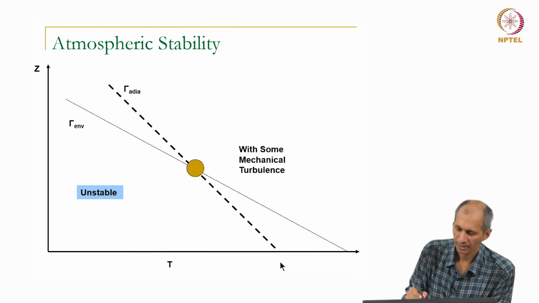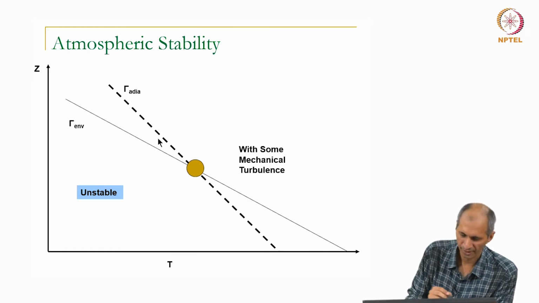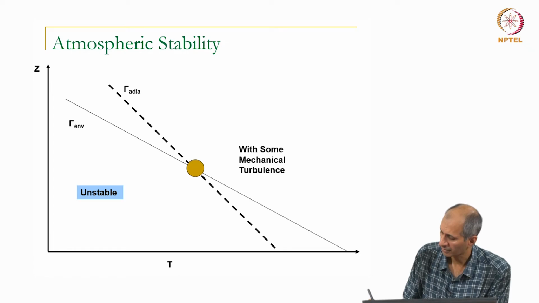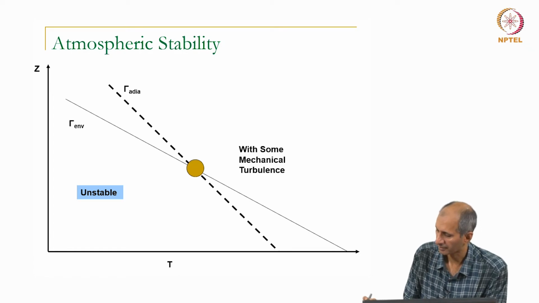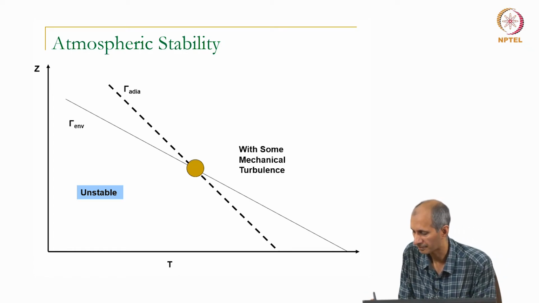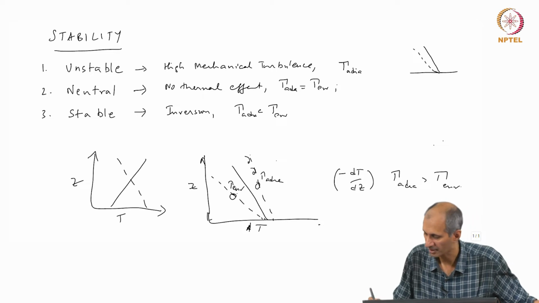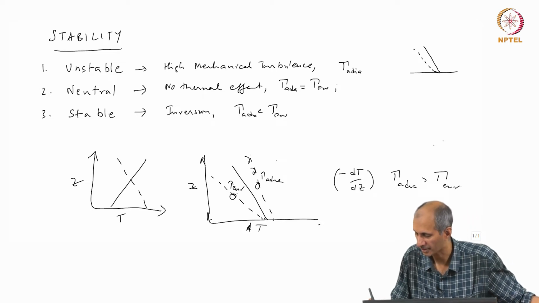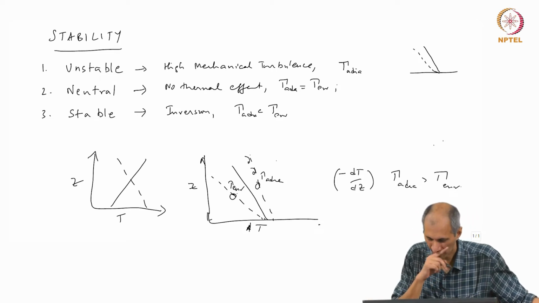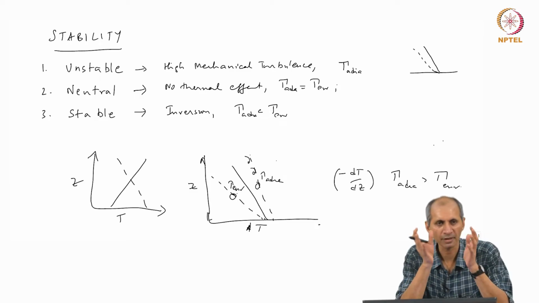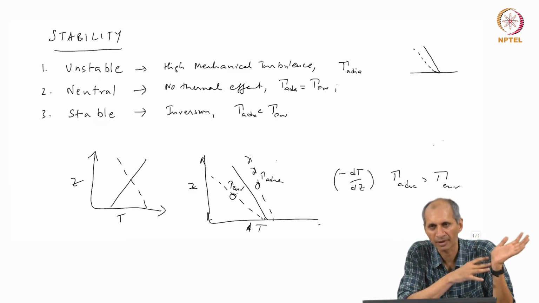Now, the significance of this particular graph is that what we showed in that graph is with reference to what is called the mixing height. If you look at the relationship between adiabatic and environment, it does not matter if lower or higher.